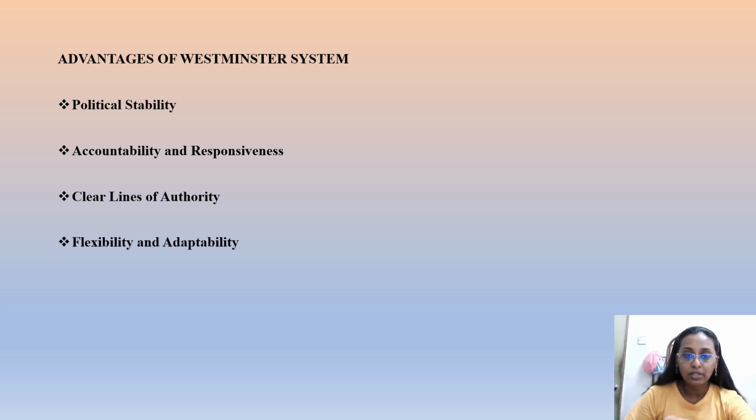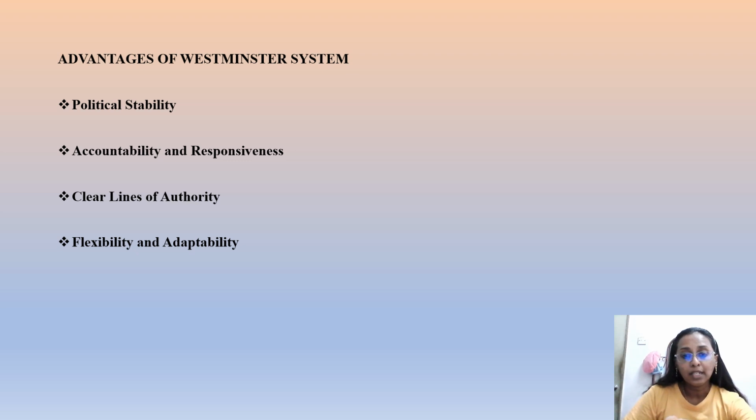The fusion of executive and legislative branches ensures that the government can act decisively, as the executive is drawn from the majority party in the legislature. This reduces the likelihood of legislative gridlock and enhances the government's capacity to implement its agenda.